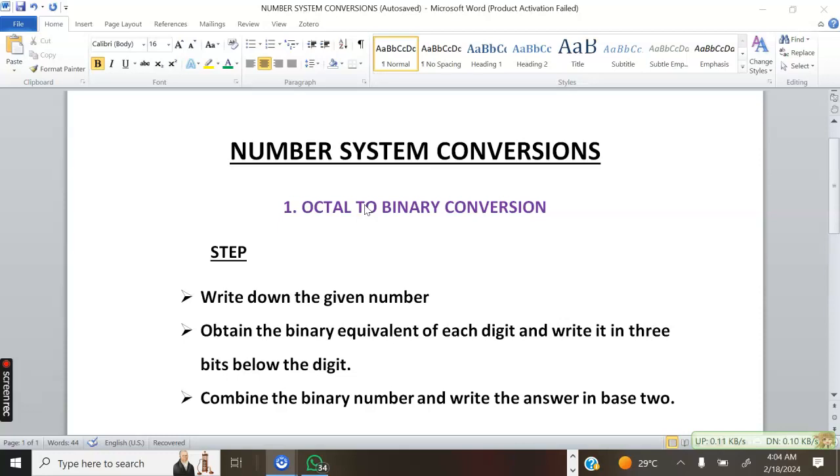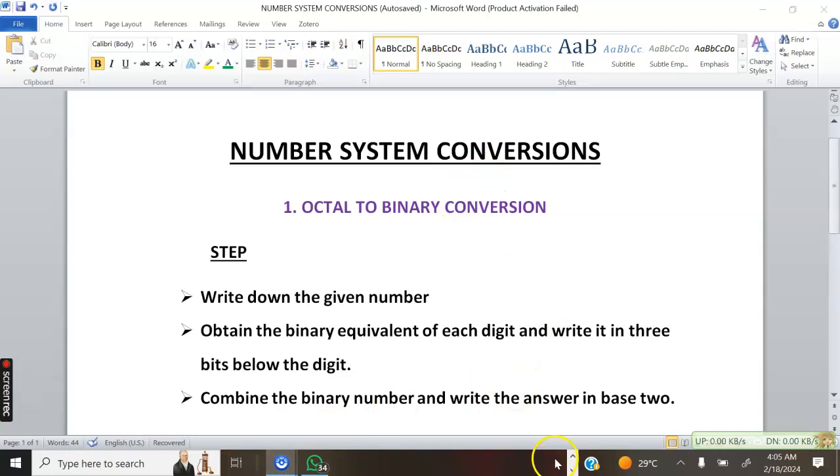While the octal is a number system that is made up of 8 different digits, that is from 0, 1, 2, 3, 4, 5, 6, and 7. So whenever you convert a number from octal to binary, the binary will always have a base 2, because the number of digits in the binary number system is 2.